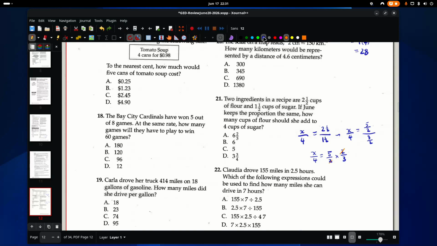So we can cancel those, and we get x over 4 is equal to 5 over 3. So x has to be equal to 4 times 5 over 3, which is 20 over 3, which is 3 goes into 20 6 times, and we're left with 2/3. So 6 2/3 is our answer for that one.